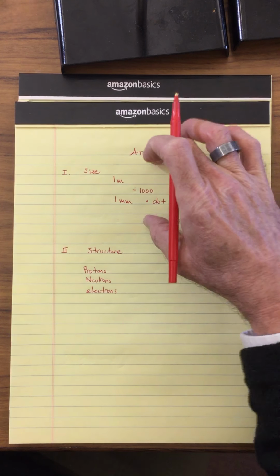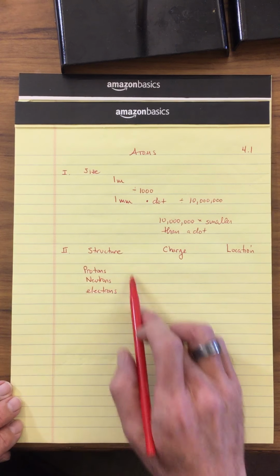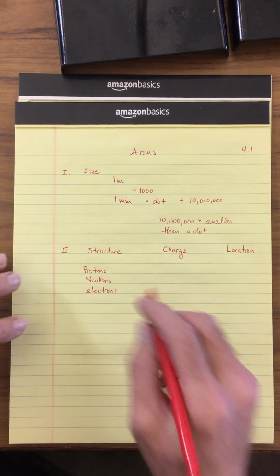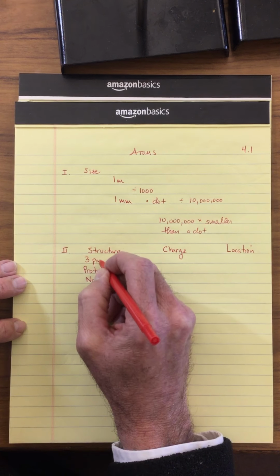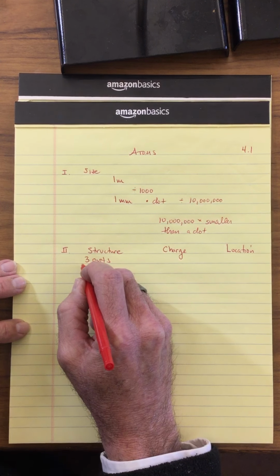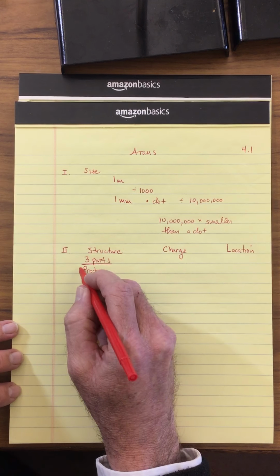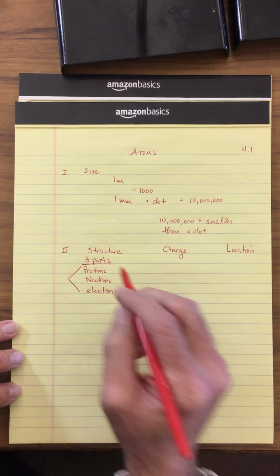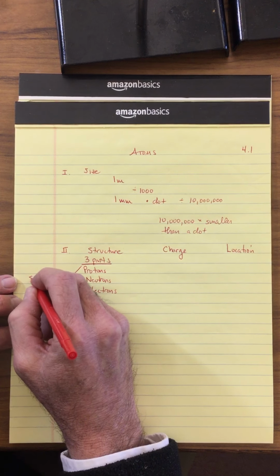So we have the whole atom. Now, this is broken down into these 3 parts, or these 3 pieces of the atom. We have protons, neutrons, and electrons. So these 3 particles have a very particular name, and they're called subatomic particles.